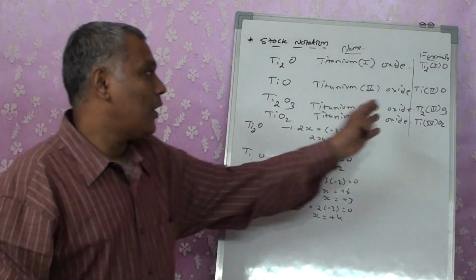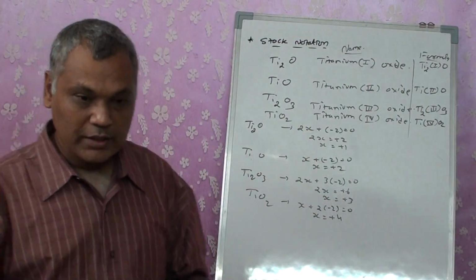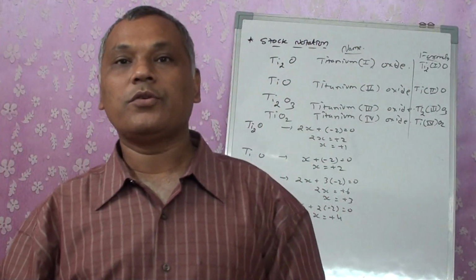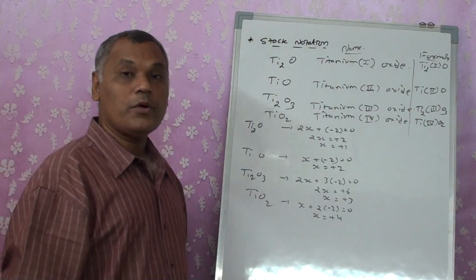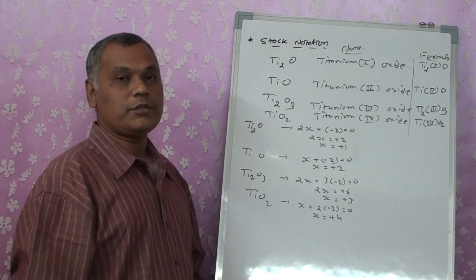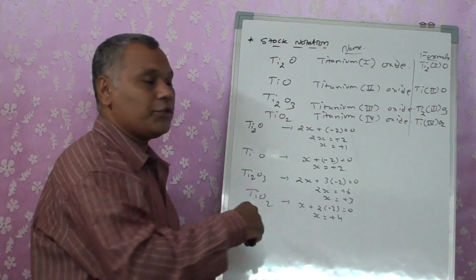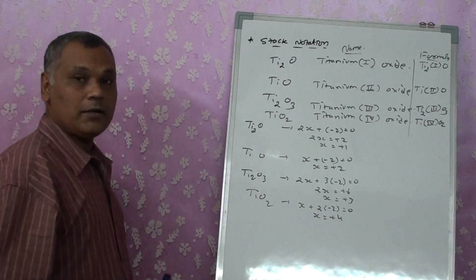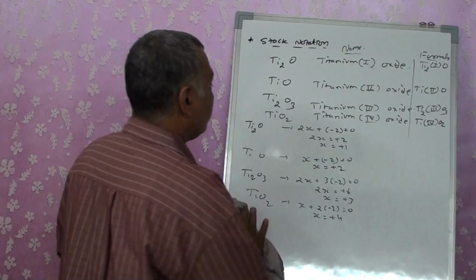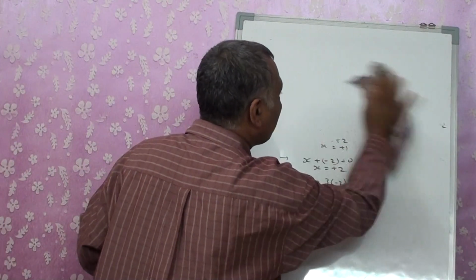A question can be asked to us: write the name in Stock notation, or the formula of the compound in the format of Stock notation. We will have to calculate the oxidation number and specify it with the metal, right? So that's what we have for the Stock notation.